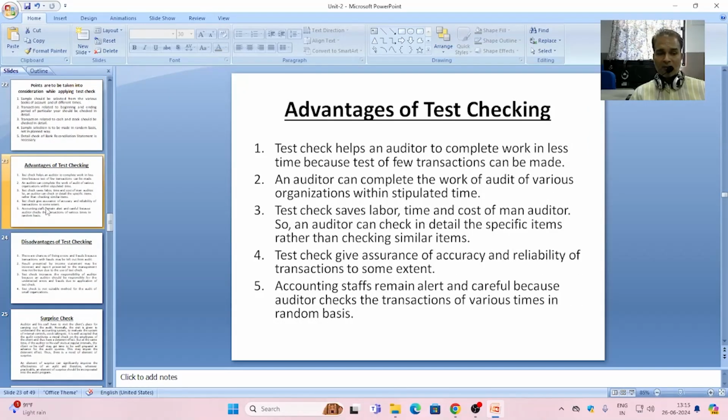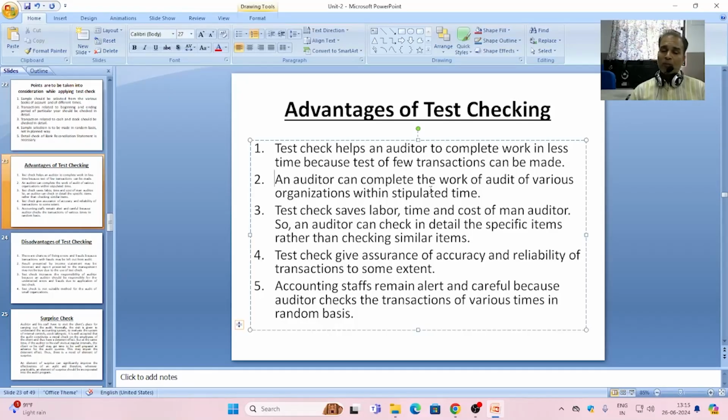Advantages of test checking. There are various advantages why the auditor chooses the test checking technique during the auditing assignment. Actually, it helps an auditor to complete a big work in less time, because the auditor tests a few transactions, not all the transactions. So time will be saved by the auditor.